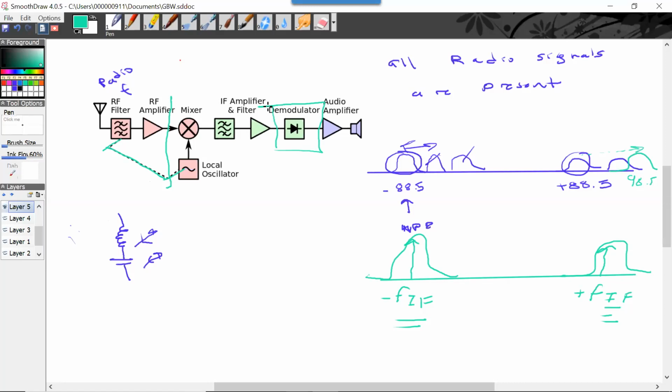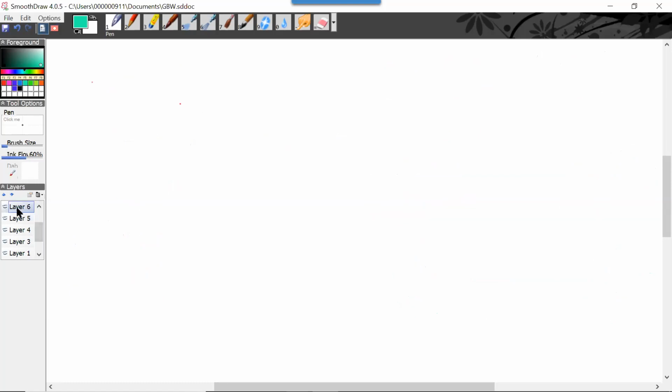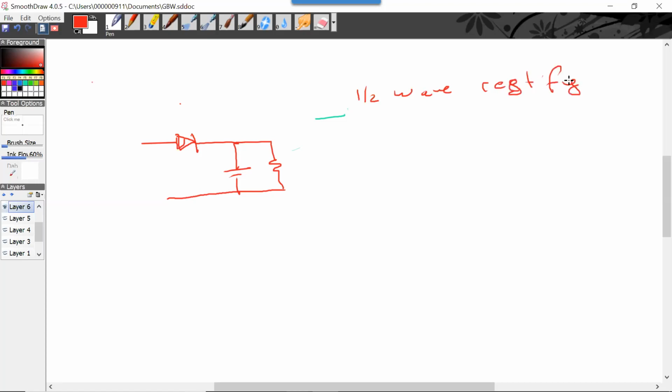All right. It's a half-wave rectifier. All right.